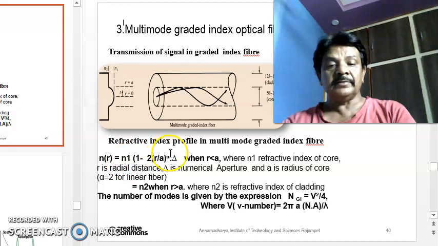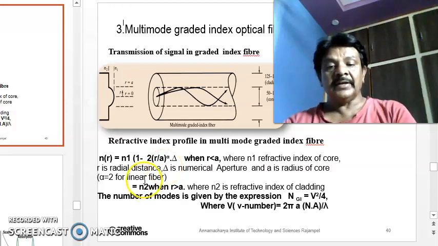The refractive index profile of a gradient index optical fiber is given by n of r equals n1 into 1 minus 2 into r by a whole power alpha into delta, when r is less than a. That means n1 is the refractive index of the core, and as r increases, the term 1 minus 2 into r by a whole power alpha decreases.